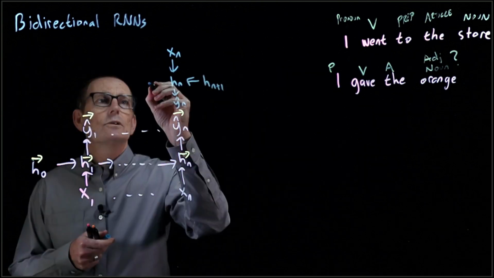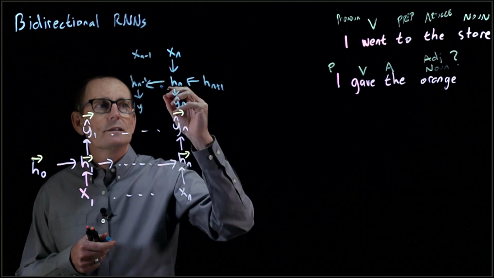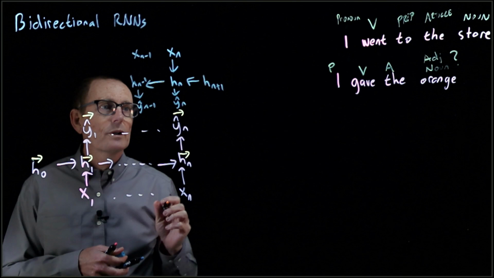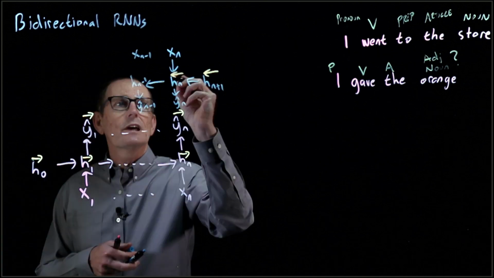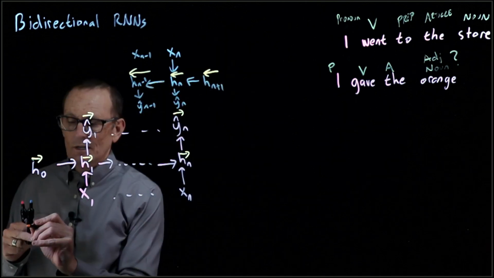And then we're going to feed in next X sub n minus 1, and that'll give us an H sub n minus 1. And our output there will be a Y hat sub n minus 1. We're going to, however, note that these are different H's. So instead of being H rights, these are H lefts. The X's are identical, so this X sub n is the same as this X sub n. The difference is the order we're feeding it in. In the bottom case, we're feeding them in left to right. In the top case, we're feeding them in right to left.